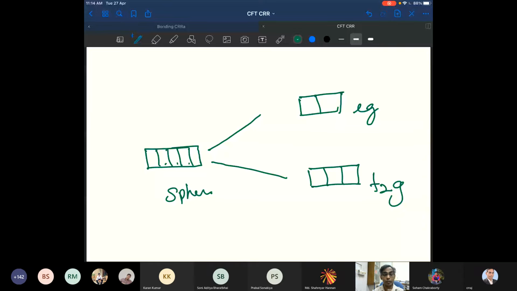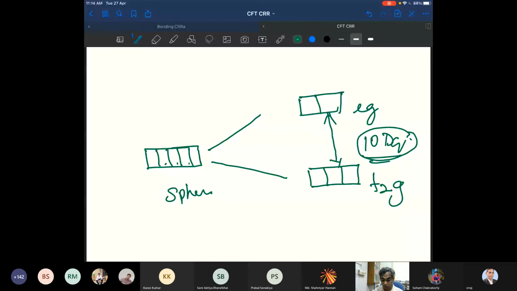It does, but the interaction is less than with the EG orbital, because the EG orbitals lie along the axis of approach of the ligand. This energy gap is what we call 10 Dq, the crystal field splitting.